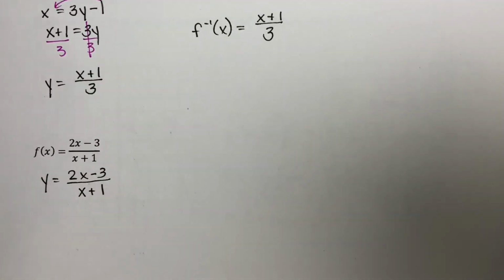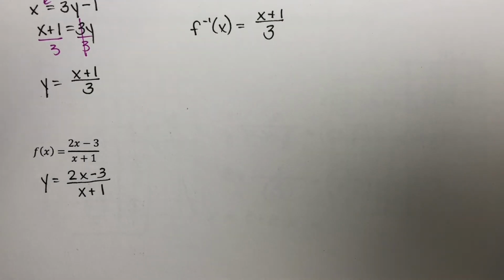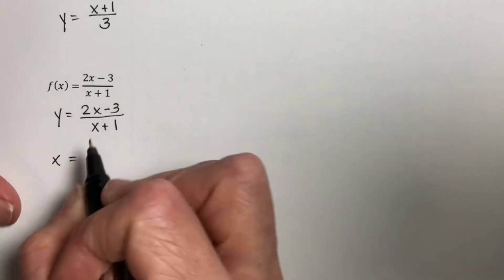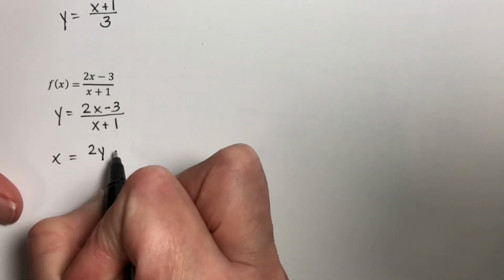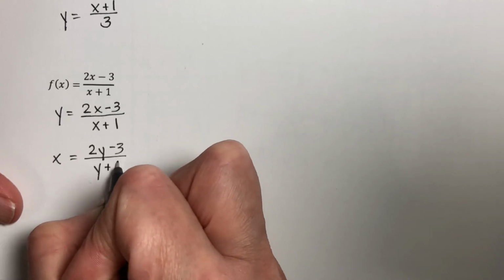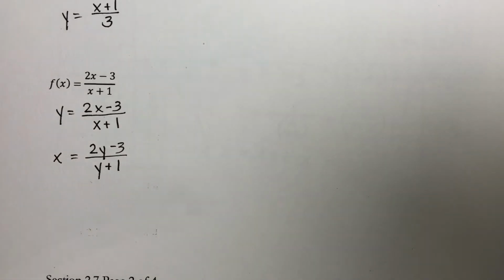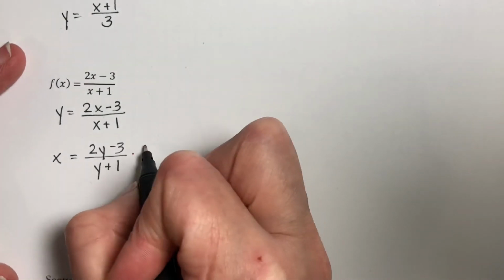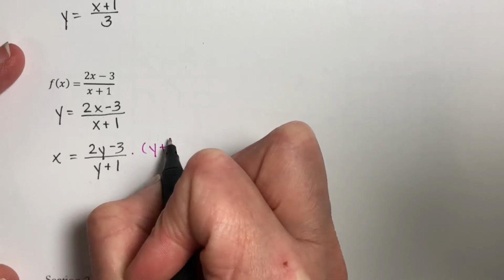And now switch all of the x's and the y's so that I have x is equal to (2y minus 3) over (y plus 1). Now we want the y by itself, and so I need to get the y out of this denominator. So I'm going to multiply both sides by y plus 1.